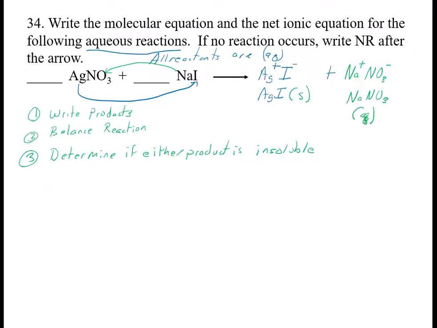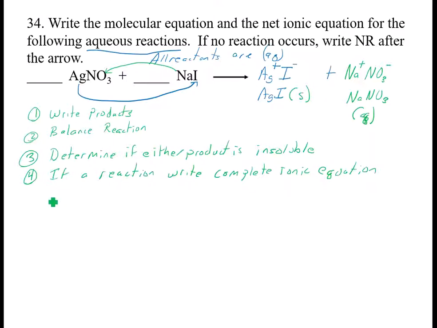Now to write the net ionic equation, now that I know a reaction actually occurred. Step 4: if a reaction occurred, which in this case it did, write the complete ionic equation, which is what we did in the last video.